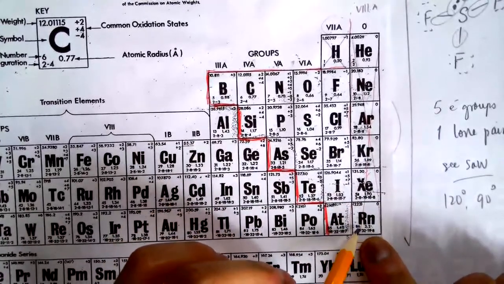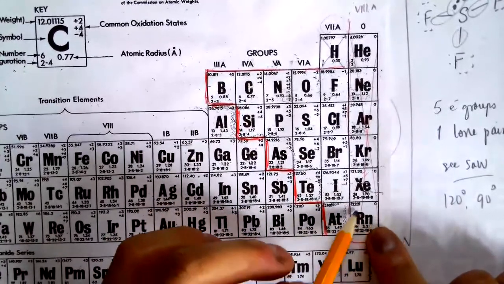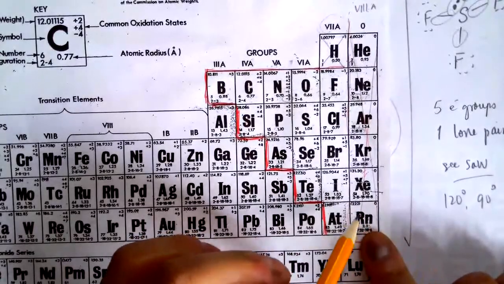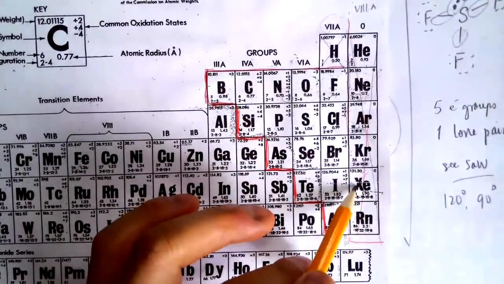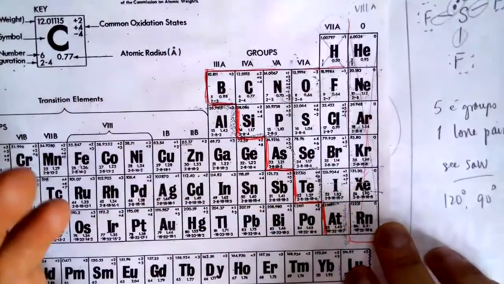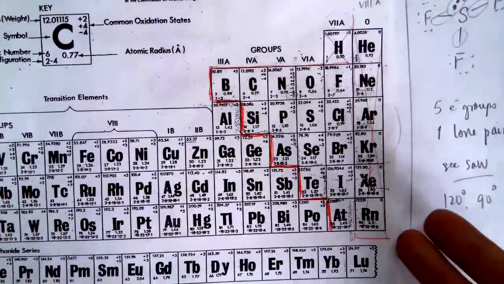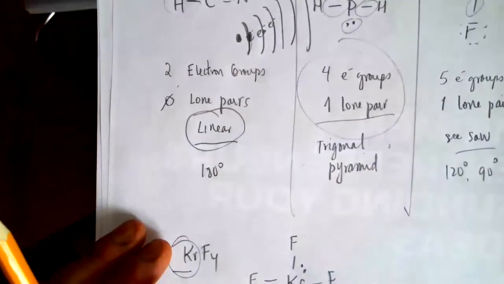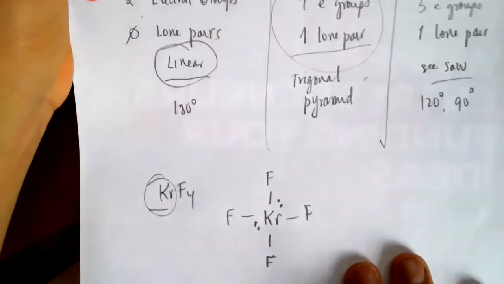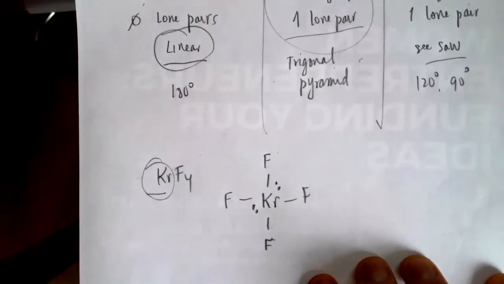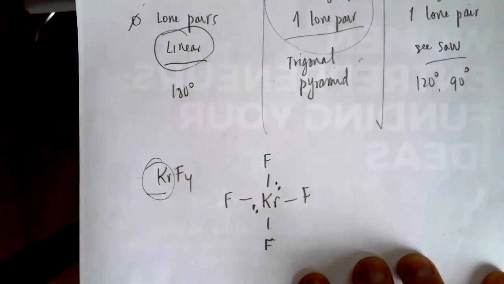Radon even more because it has 86 electrons already. Well, radon is radioactive anyway. So krypton and xenon, they are noble gases, but they are so big that the valence electrons are going to be very reactive. So that's why you can form compounds with krypton and xenon. It's very unusual to see with argon, neon, and helium. Definitely no, because the atom has the electrons too close to the nucleus, so they are not reactive.